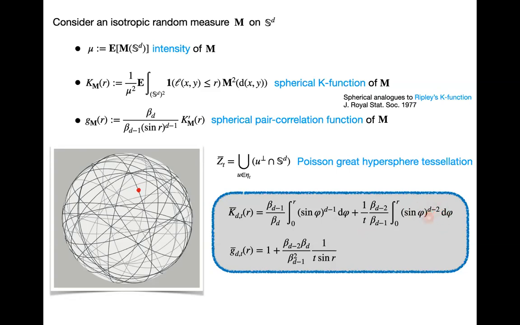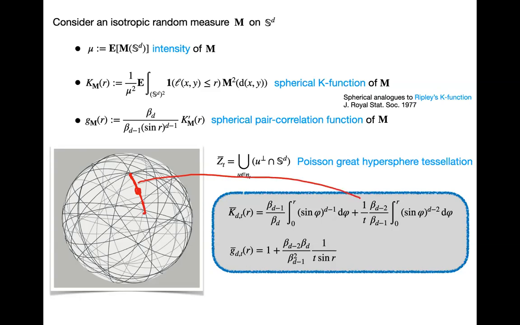This comes from the contribution on the great hypersphere on which this red point is sitting. This is just the total measure, the d minus 1 dimensional Hausdorff measure, that you see in a spherical cap of radius r around this point, which is sitting on this great hypersphere. This is exactly the second term here.